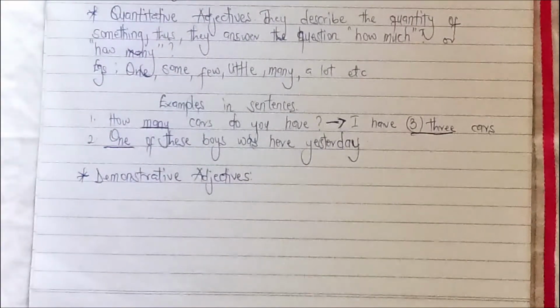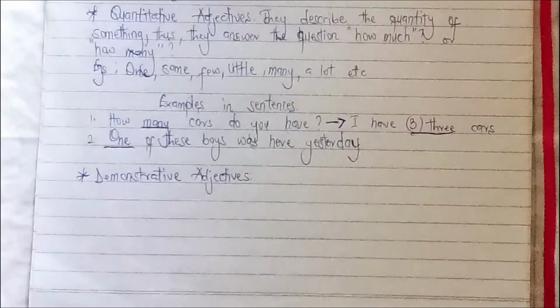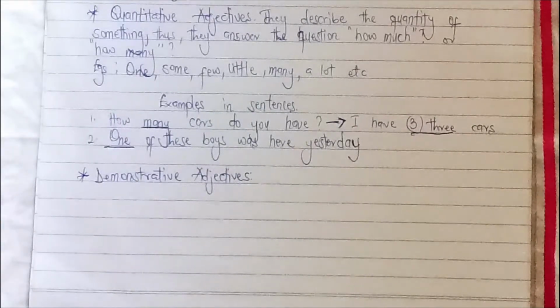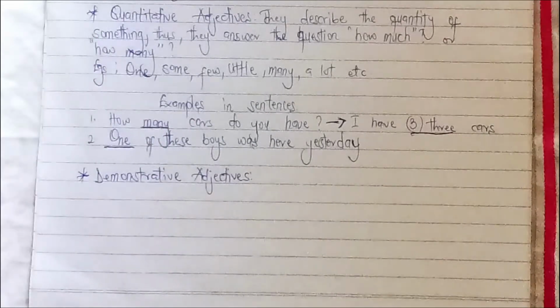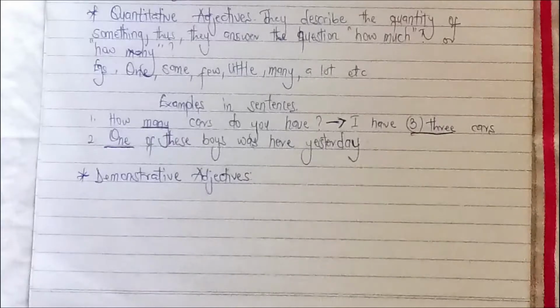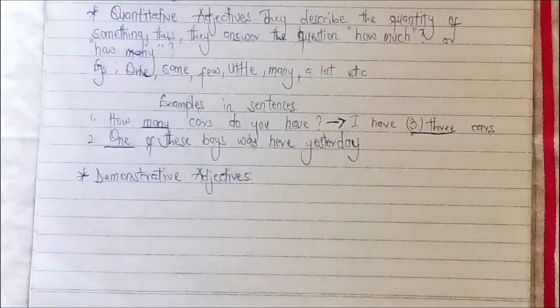Okay, so the next type of adjective is referred to as a demonstrative adjective. The demonstrative adjective describes which noun you are referring to. Demonstrative adjectives usually come before the word or noun they are modifying or describing.